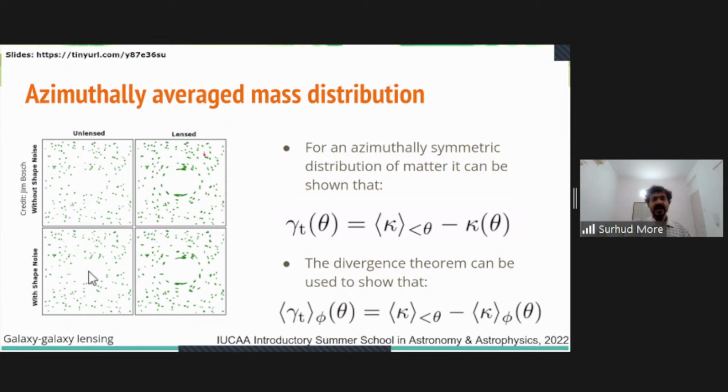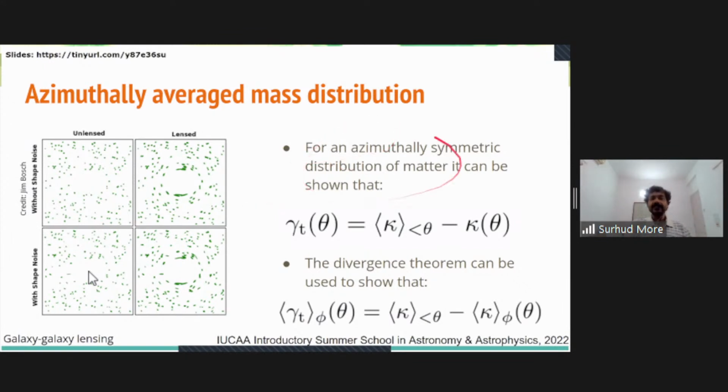So instead of averaging over a square like this, what you can do is average over all galaxies which are expected to have roughly the same tangential shear, right? So when you do that, then you are getting a high signal to noise ratio measurement of the tangential shear, and you are averaging over galaxies which are expected to have roughly the same shear. Right?